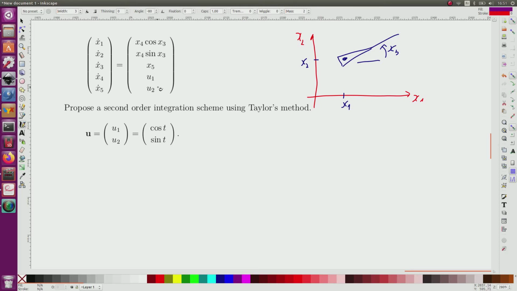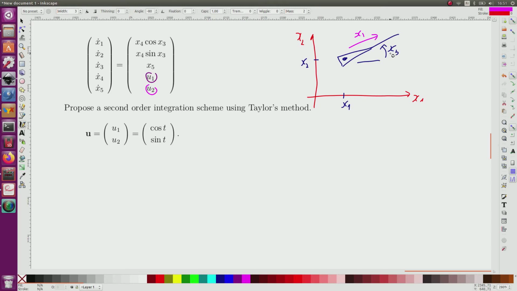So u1 corresponds to the derivative of the speed, so the acceleration, like this. So the speed corresponds here to x4, and I can also control the derivative of the heading, so some kind of angular acceleration corresponding to u2.